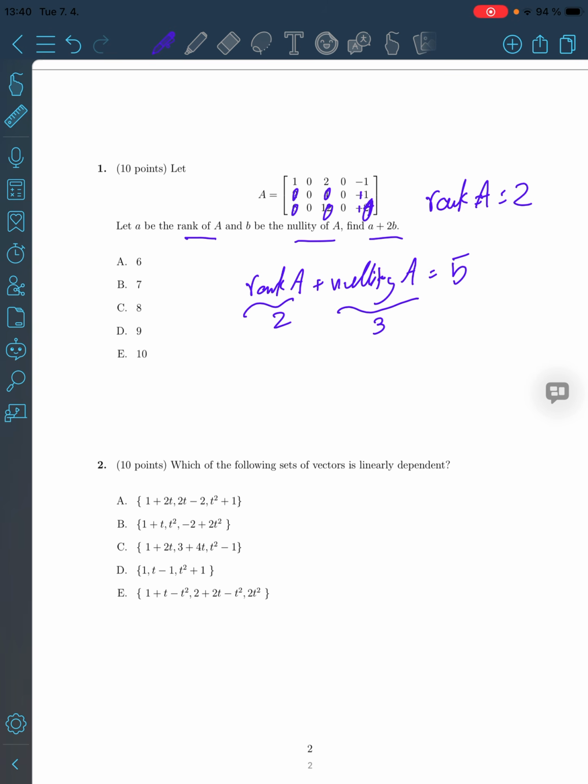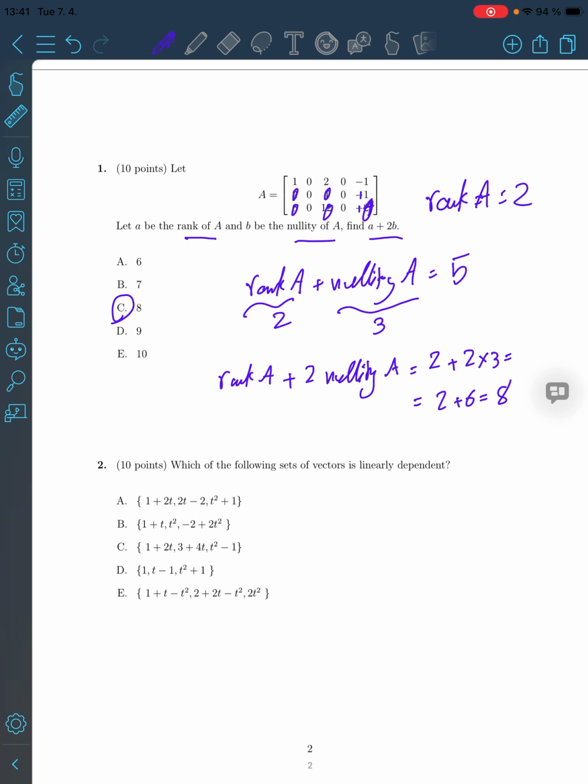Now it remains to compute rank of A plus 2 nullity of A, which is equal to 2 plus 2 times 3, which is 2 plus 6, which is equal to 8. Therefore, number 1 is this option, which is pretty nice.